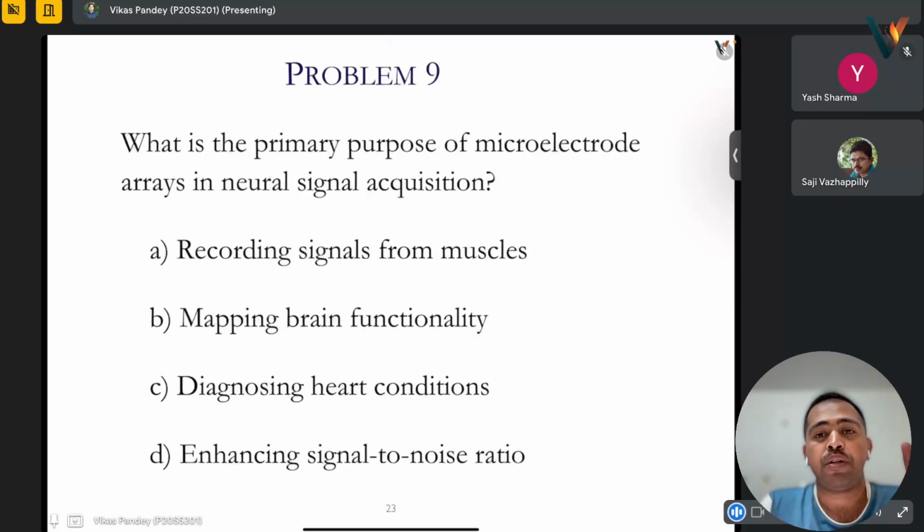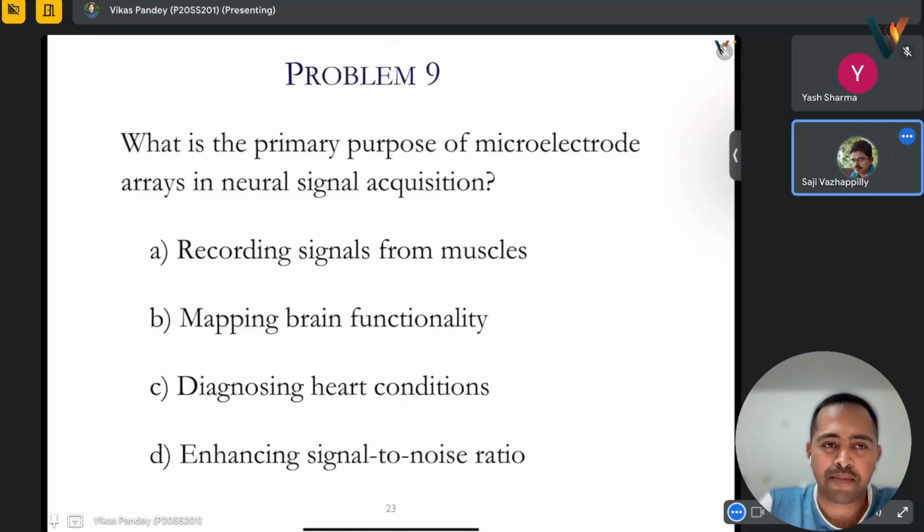What is the primary purpose of microelectrode array in neural signal acquisition? Record signal from muscles, mapping brain functionality, diagnosing heart condition, enhancing signal to noise ratio. So B, mapping brain functionality. Any other answers? I think muscle recording is also maybe going with this.